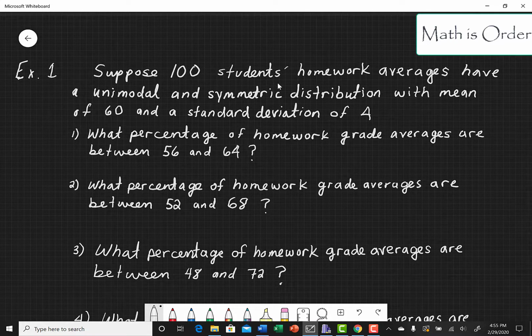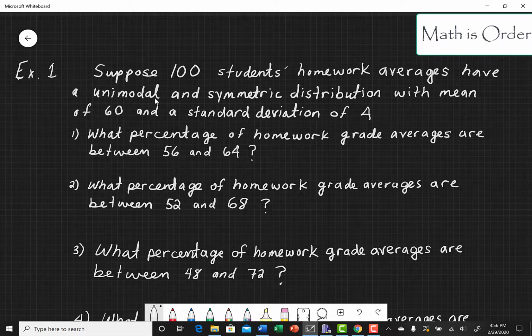All right, now let's look at this practice problem here. Suppose 100 students' homework averages have a unimodal and symmetric distribution with a mean of 60 and a standard deviation of 4. Right, this is a typical type of question. They give you a unimodal and symmetric distribution, they may give you the mean and standard deviation, and they ask you different questions about that.